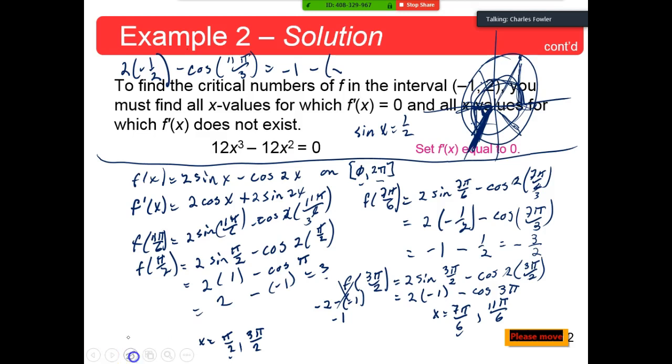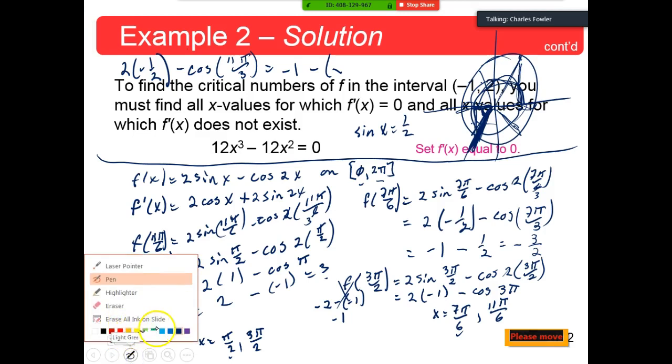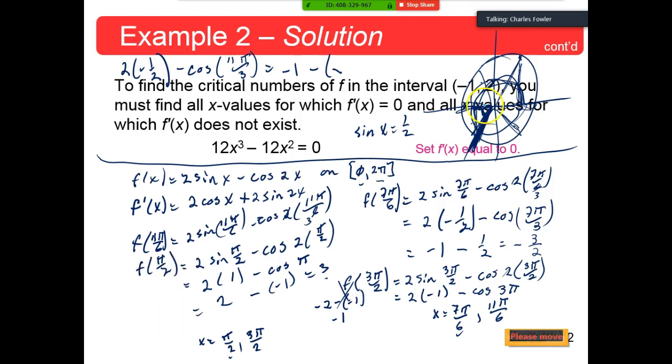Let me go to a different color, that might help. Carolina blue. The adjacent side over the hypotenuse. Even in my ugly drawing, it sort of looks like it's what? Same thing we had here.